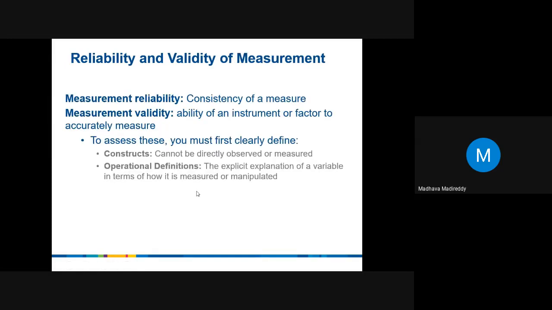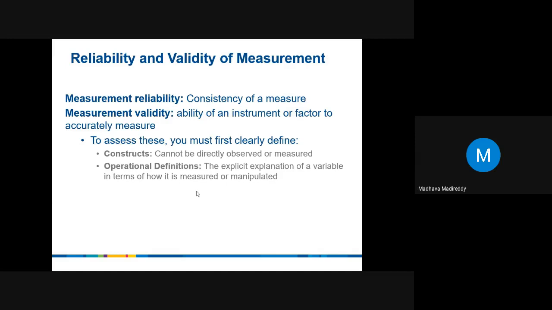Reliability is easy to measure. It is the consistency of a measure. That means it is the ability of an instrument, any measuring device, to accurately measure and assess two things: a construct and an operational definition. You need to have a very clear definition of these two.